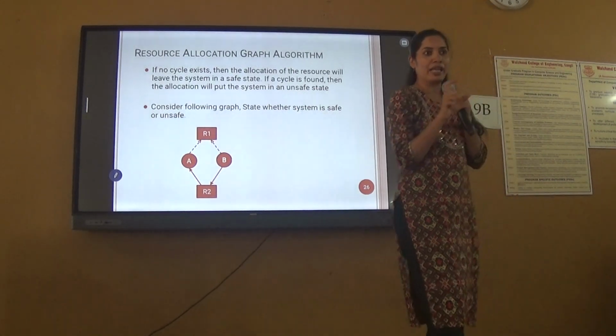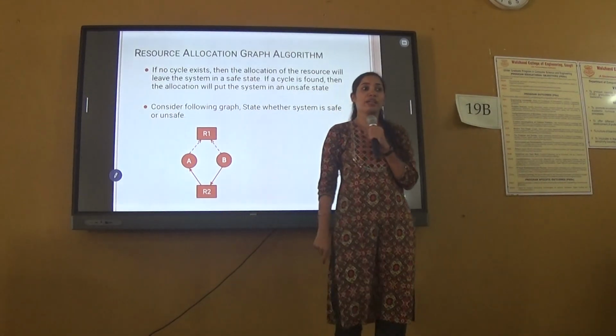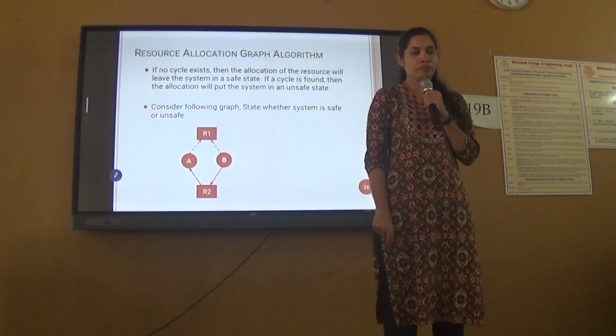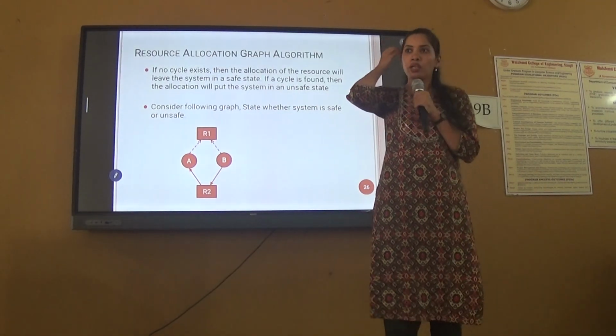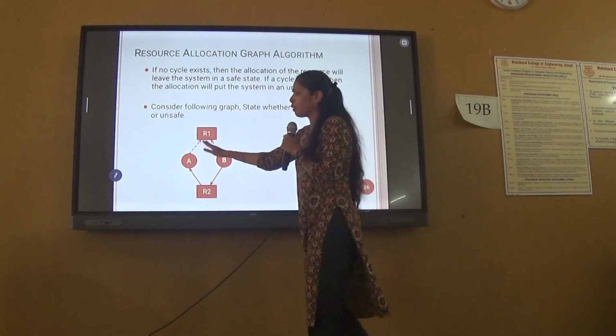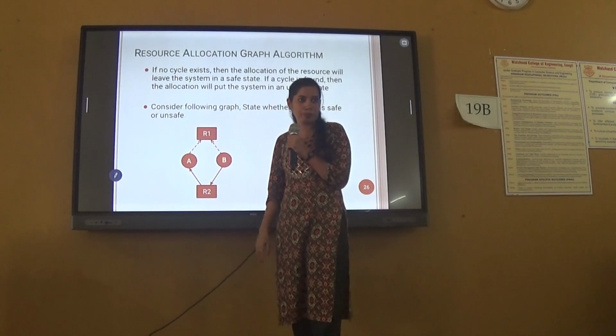First it will analyze, and the operating system puts it into the claim edge. Now here, if there will not be a deadlock, one request could be accepted.